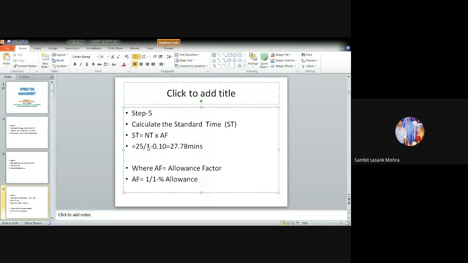Yes, sir. Similarly, you have to calculate for the inexperienced engineer, but the cycle time remains the same for both cases. Yes or no? Yes, sir.